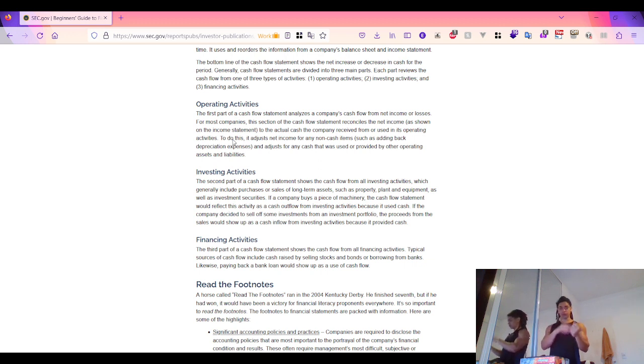And it also adjusts for any cash that was used or received from other operating assets and liabilities.